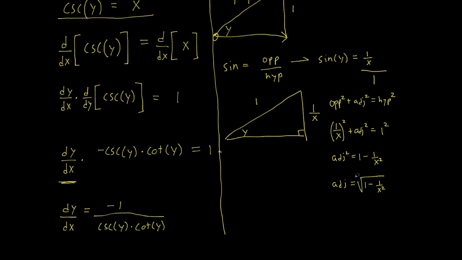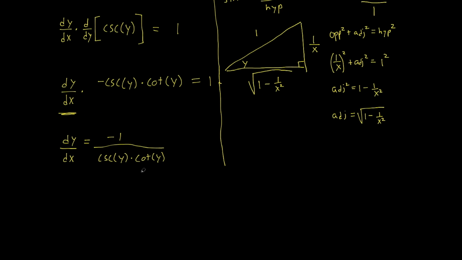You can move in the negative x direction a distance. You can move in the negative y direction a distance, but you cannot move a negative distance. So that's why we're taking the principal square root every time when we're dealing with these kinds of geometries. So the adjacent side is equal to the square root of 1 minus 1 over x squared.